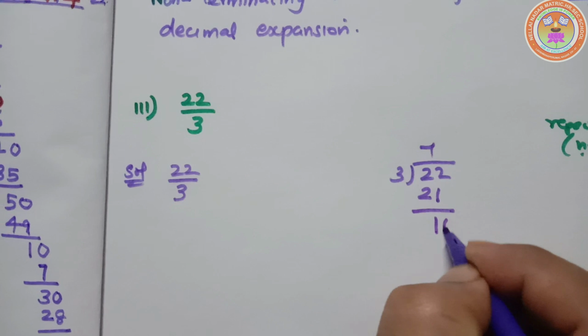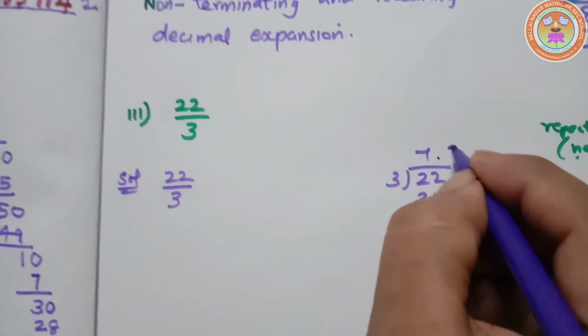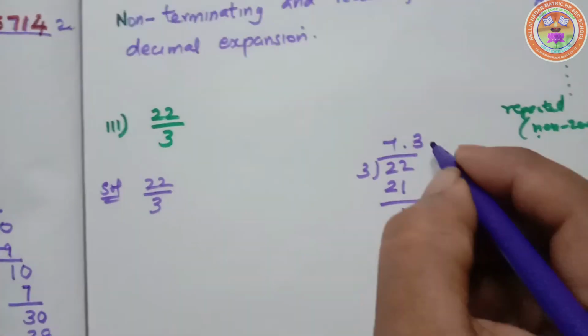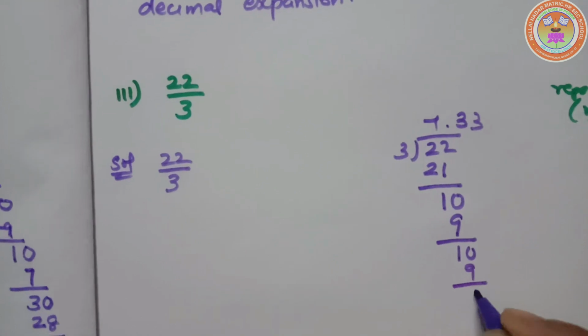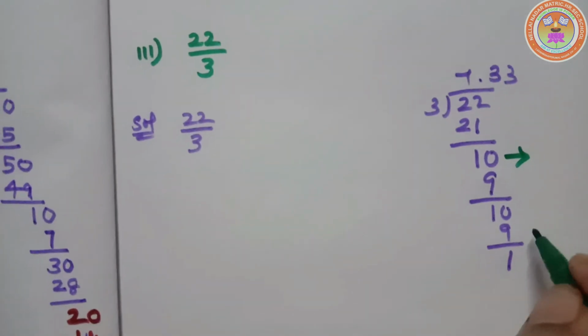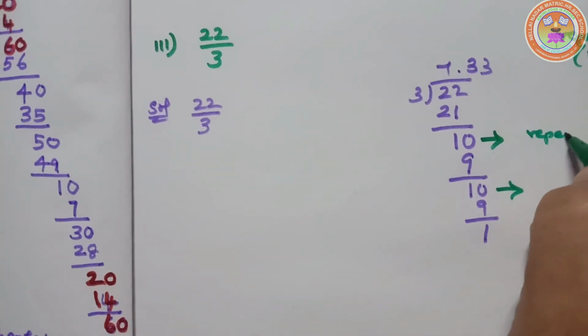Balance 1, 0, 0.0. So you get 3 3s are 9. Balance 1, 0. Again 3 3s are 9. Balance 1. See children, here 10 is there. Again 10 is there. So repeated.